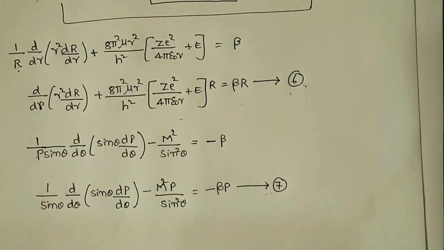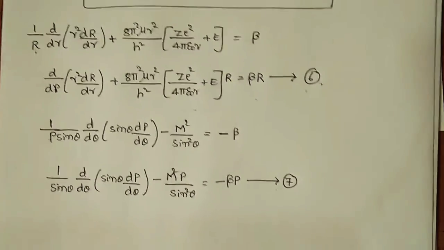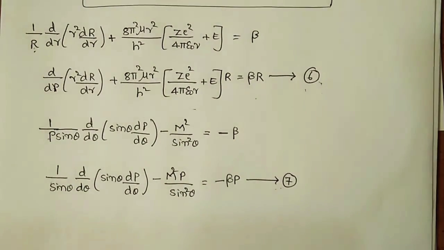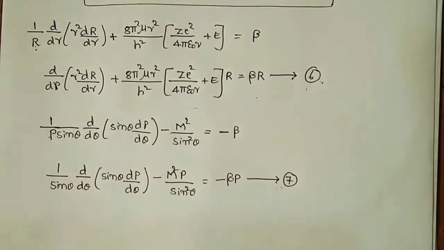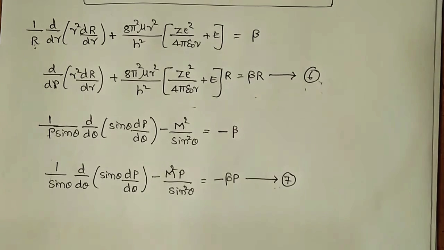So these 3 are the complete solutions of the Schrodinger wave equation we have derived, that is equation number 1, which we generated at the beginning. Sorry, not equation number 3, equation number 1.